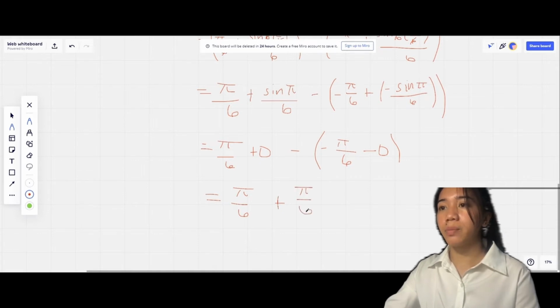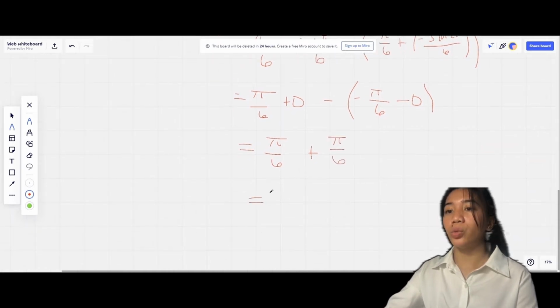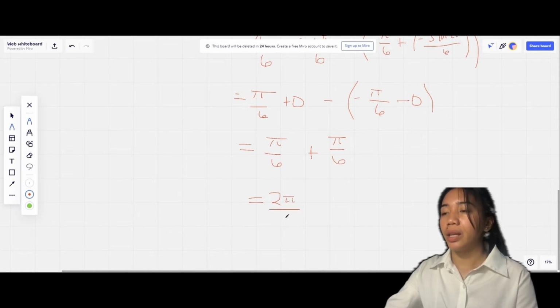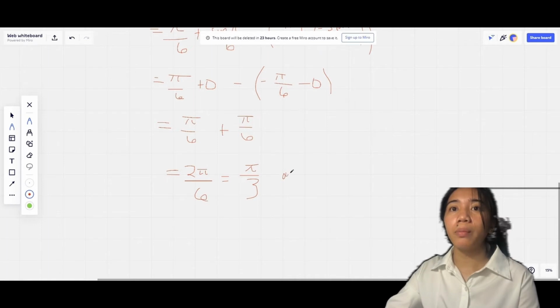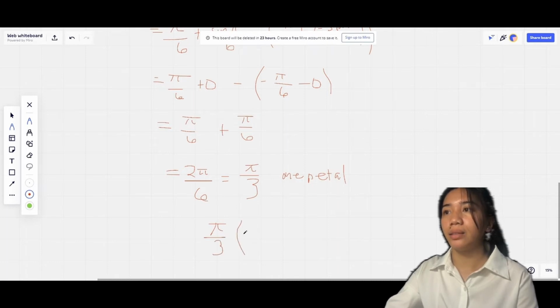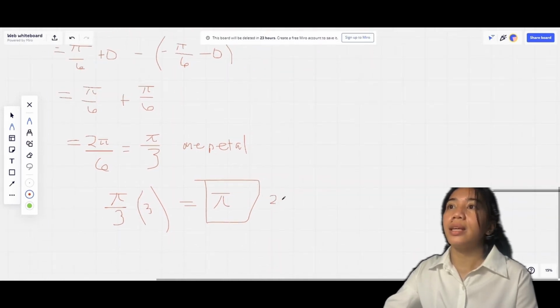So pi over 6 plus pi over 6 is equal to 2 pi over 6 or pi over 3. So the area of one petal is pi over 3. In total, we have 3 petals, so we will just multiply it by 3. Pi over 3 times 3 is equal to pi. We have a total of pi for our equation 2 cosine 3 theta.